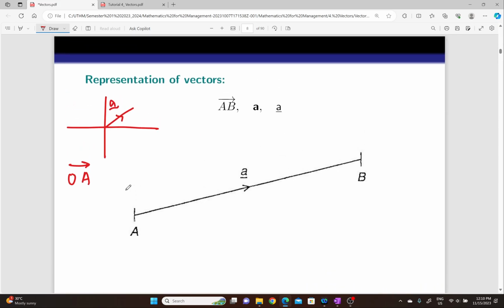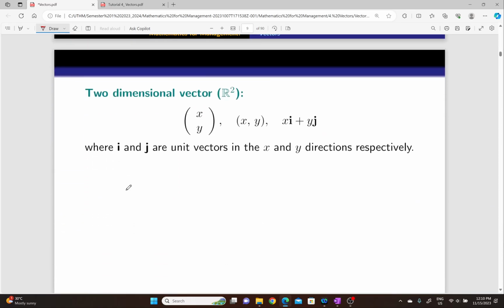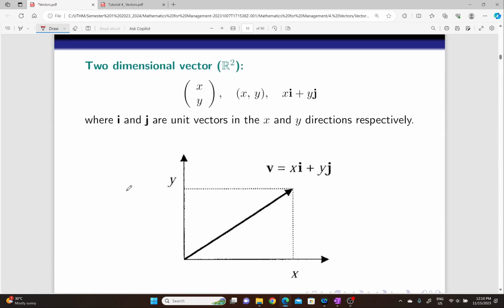Normally all the vectors we will denote by a line with a direction. Just now remember I drew here 0 and A. The basic numbers for a vector is the point coordinate of A. So what is the coordinate of A just now?